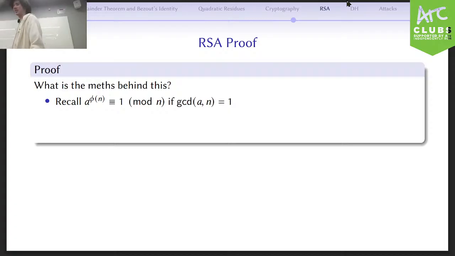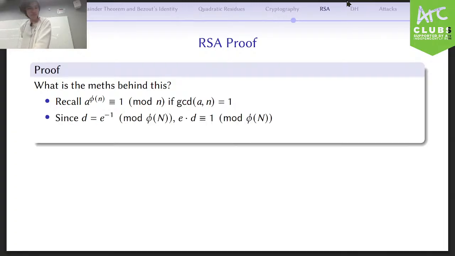So why does this work? Recall that this is Euler's totient function. If we have any number A that is coprime to N, and we raise it to totient N, it's going to be equal to 1 mod N. In this case, since we have N equals P times Q, we're basically guaranteed every time that A is going to be coprime to N. In practice, you're not going to randomly choose your message to be one of the primes.